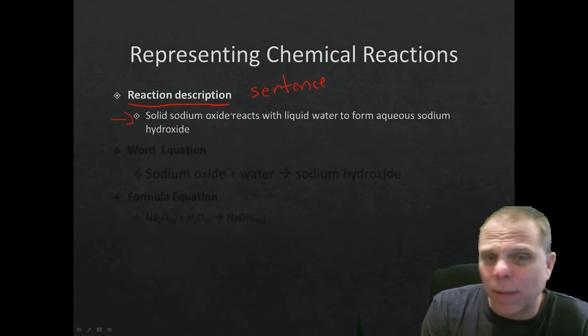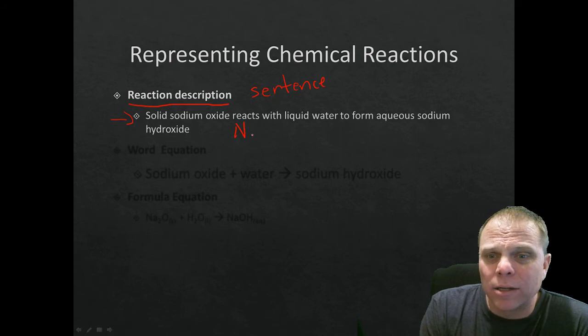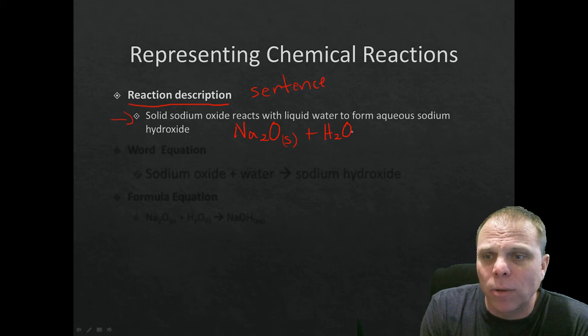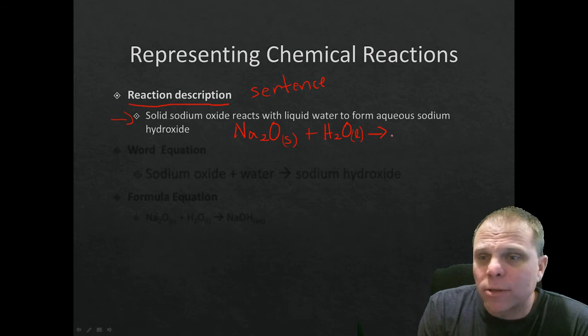I would expect you to be able to take that and turn it into: solid sodium oxide is going to react with liquid water, H2O with a little l, right? Sometimes I use a little cursive l, to form aqueous sodium hydroxide.